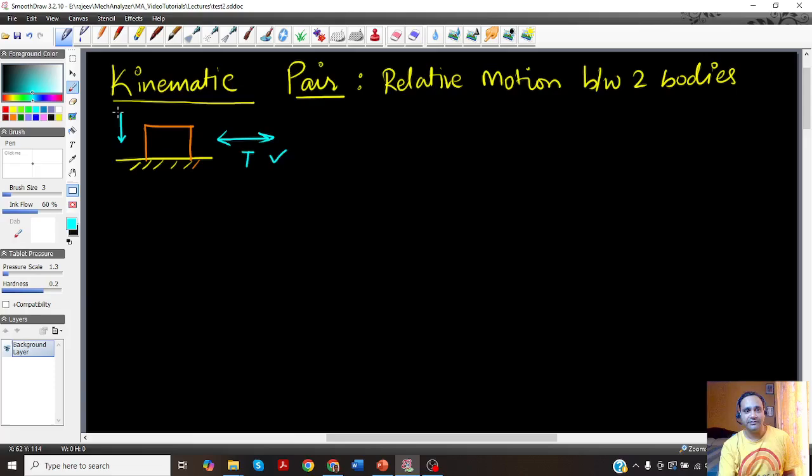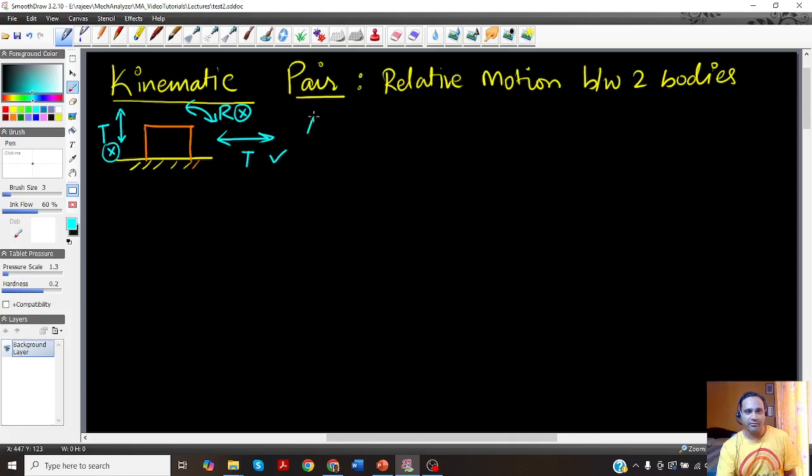If we think, can we move this up? Yes, we can move it up, but obviously it will lose contact with the surface, so this motion is not possible. Okay, and similarly when I try to rotate this rigid body like this, it will lose contact with the bottom part, so this rotation is also not possible.